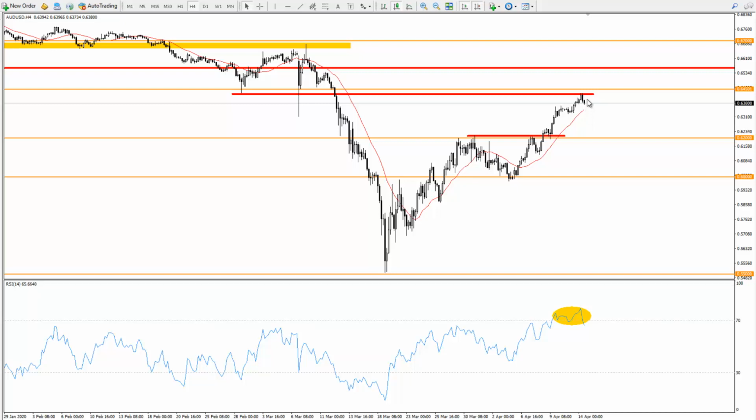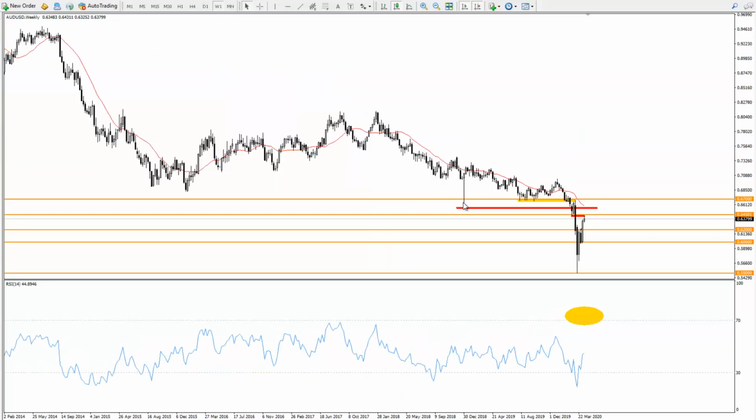And if we can continue above this little peak here, then it would make sense to me. If I remind you, from the top side, we had this big spike low in the Aussie. It was like a flash crash in the Aussie, and that will be our next target to the top side.